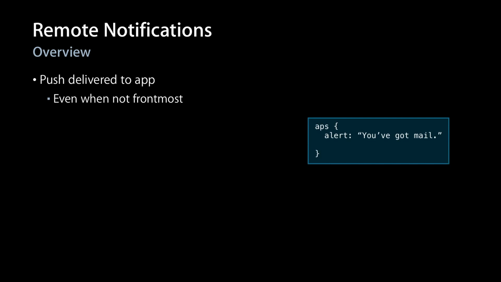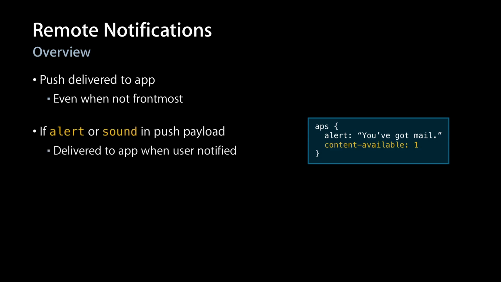And if we look at how this works, here's an example, a push notification payload with an alert, and that alert is going to be shown to the user. And now if you add this content available key in your payload, what will happen is when that alert is brought up, or when we play a sound, or when we badge an icon, at the same time that's happening, your app will be activated in the background and will hand the push notification to you.